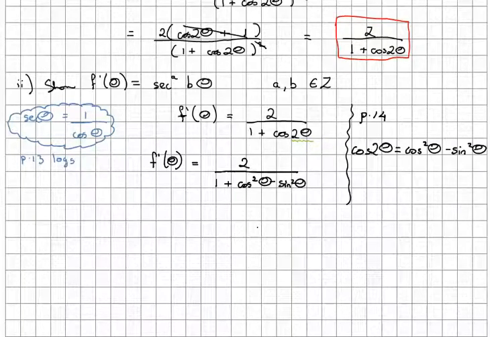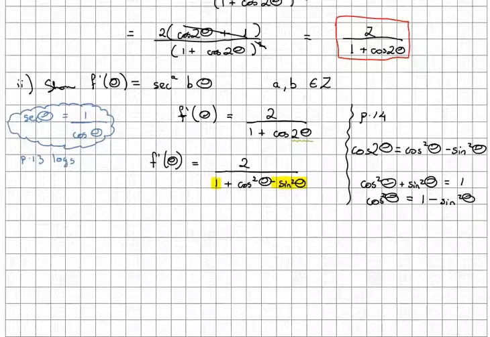Okay. Now I had before that cos squared theta plus sine squared theta is equal to 1, so maybe I can use that a little bit over here. Cos squared of an angle plus sine squared of an angle, same angle, must be equal to 1. Now if I bring the sine squared theta over, cos squared theta is equal to 1 minus sine squared theta, and you'll notice that on the bottom line of my derivative I've got 1 minus sine squared theta.